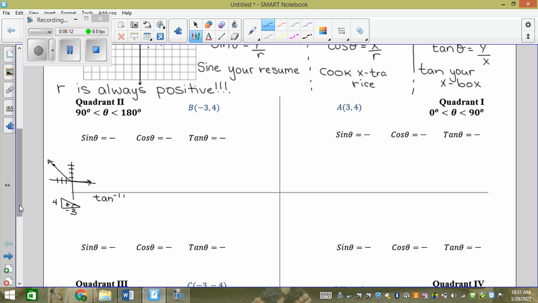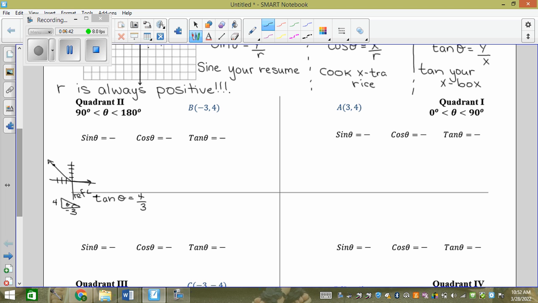If I want the reference angle, I'm going to go tan theta. So this is for the reference angle. We get tan theta equals y over x, so it's 4 over 3. Why did I do 3 and not -3? Because when you find your reference angle, you always take what of the fraction? The positive fraction.